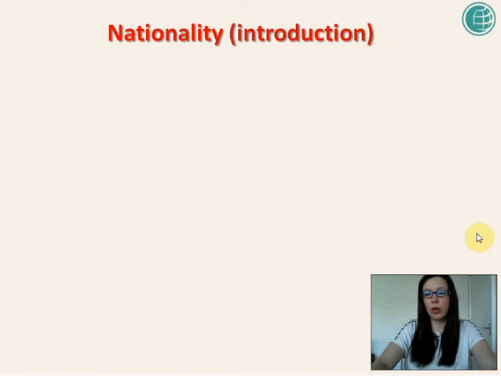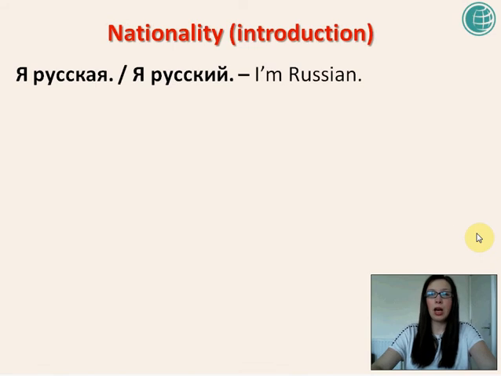Okay, and also when you introduce yourself, it's very common in Russia to ask about your nationality. It's just an introduction topic because I will give you a full range of nationalities and countries a little bit later. Now we will learn just a few of them to give you some sense. Я русская, я русский. We have different endings here because it's a different gender.